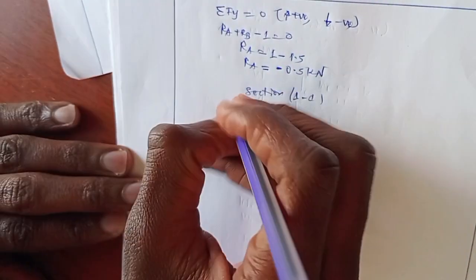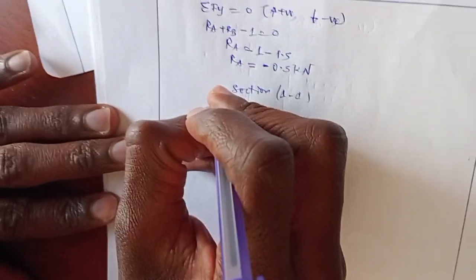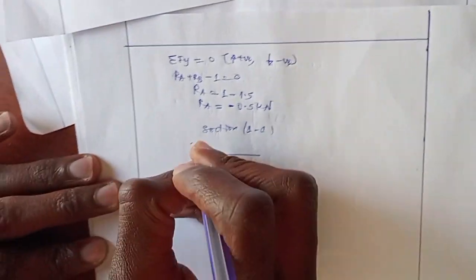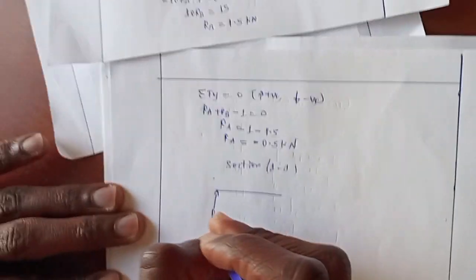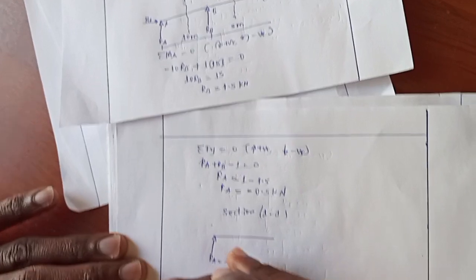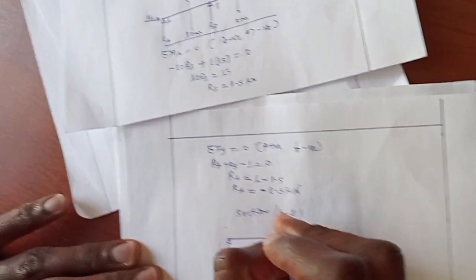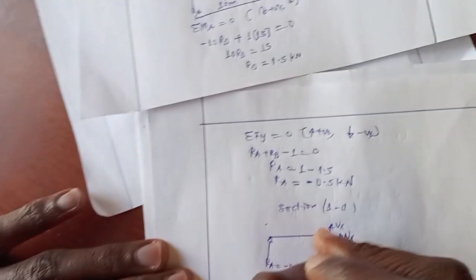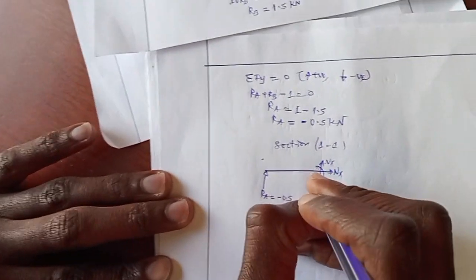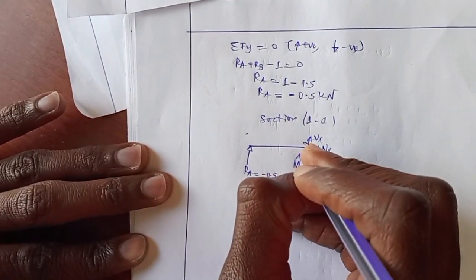Let's consider section 1-1. Here we have LA, which is negative 0.5. This is shear force, normal force. This is moment due to unit load at x.